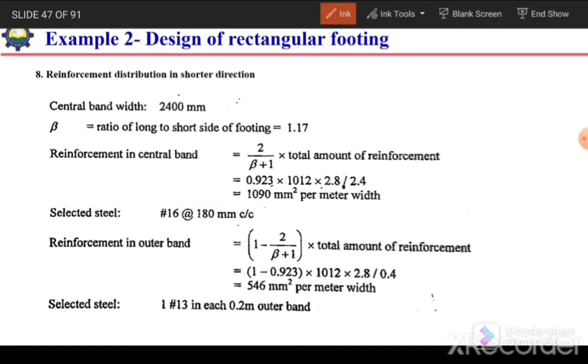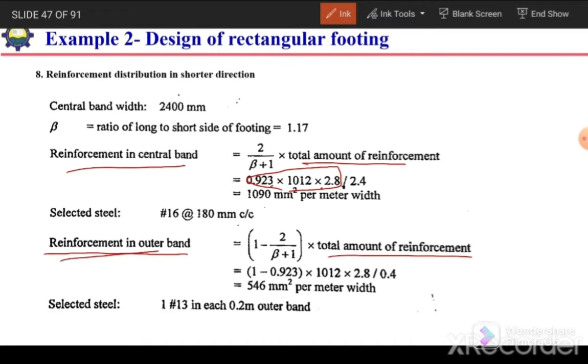To calculate the reinforcement that needs to be provided outside the central band, the reinforcement in the outer band will be 1 minus 2 over (beta plus 1), times the total reinforcement. It means the amount we have provided in the central band out of the total reinforcement, the remaining will be provided in the outer band.